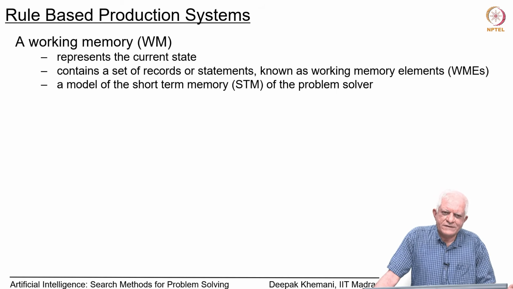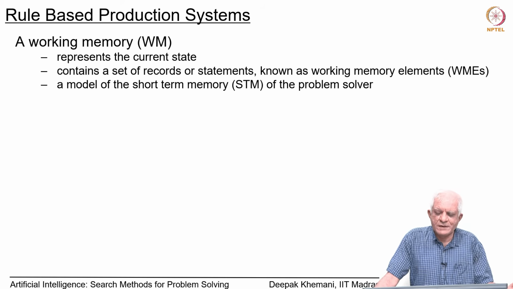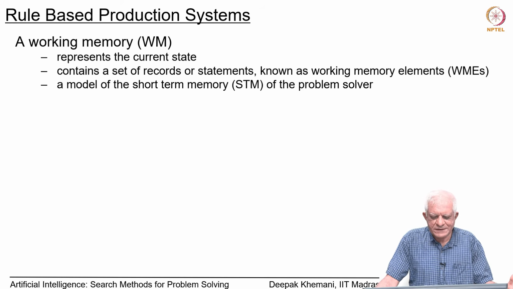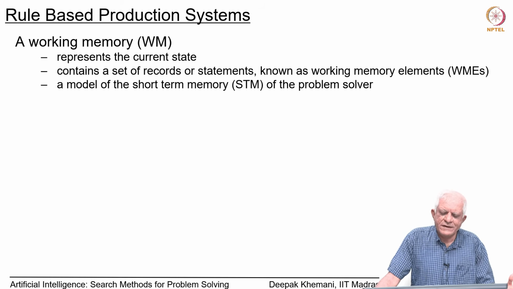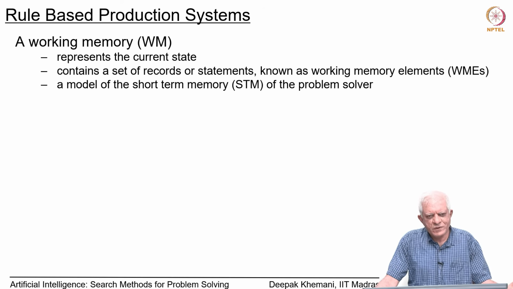The primary component of a rule based production system is called a working memory. It represents the current state, essentially. It contains a set of records or statements which are called working memory elements. The working memory is a model of the short term memory of human problem solvers.